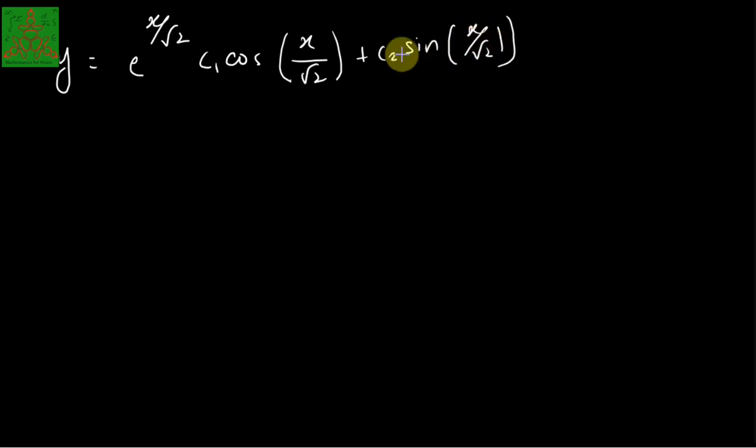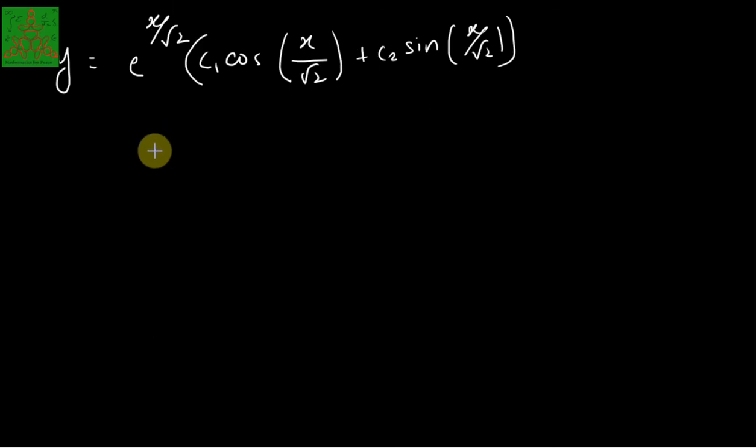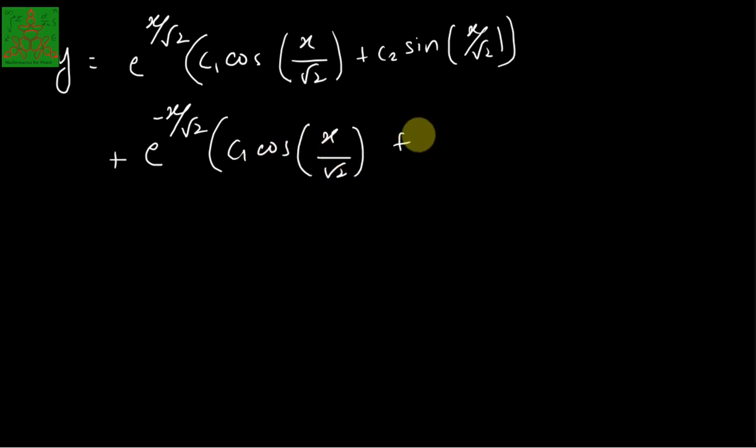That is for the first root, that is 1 by root 2. Another root is minus 1 by root 2. So for that we can write the solution as plus e power minus x by root 2 (c1 cos x by root 2 plus c2 sin x by root 2). So that is the complementary function for this equation.